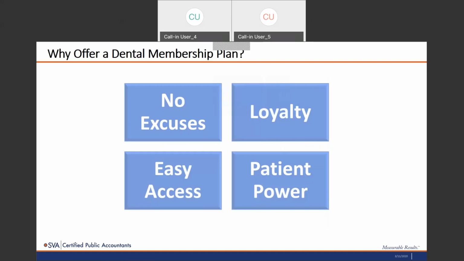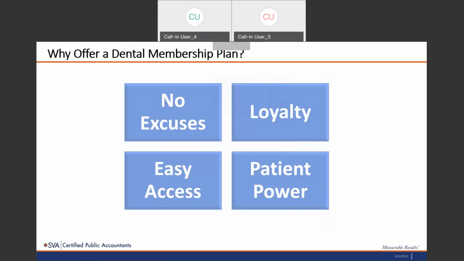And then the last thing is it can really shift the responsibility in the relationship between you and your patients, and it really empowers the patients to take a more proactive approach to their dental health care. The current model for a lot of practices is that the patient comes in and then the practice works really hard to schedule that follow-up appointment to make sure they're coming back into your office.